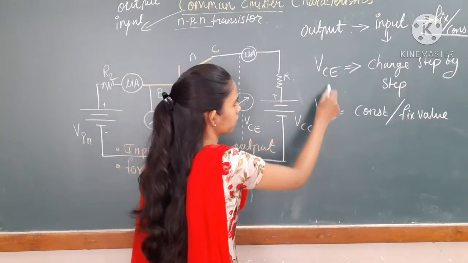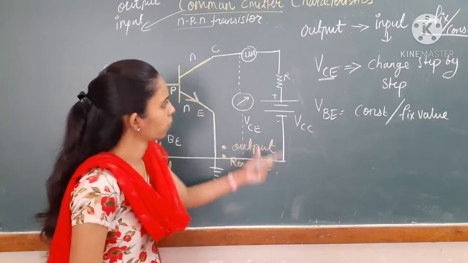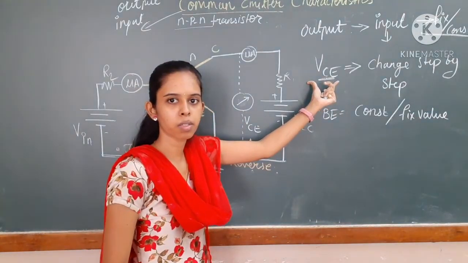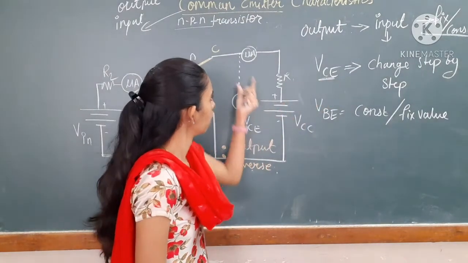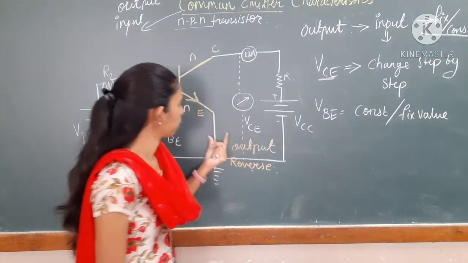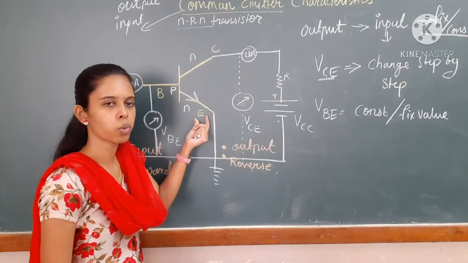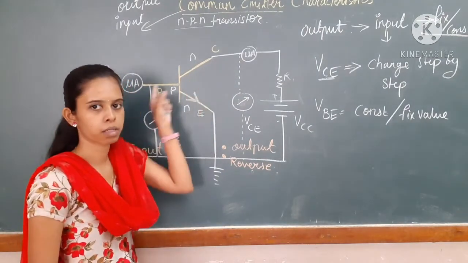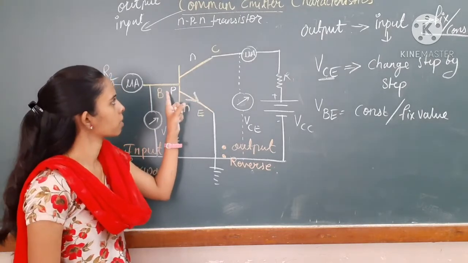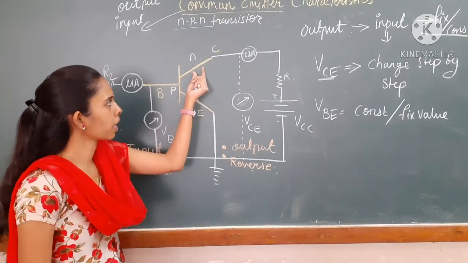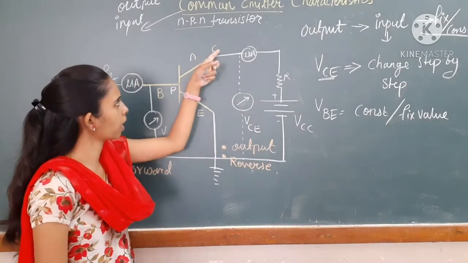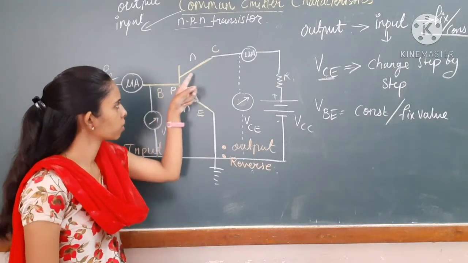Now in this, as we have already seen in the block diagram, when we are changing the potential across collector and emitter, then what is going to happen? Only the minority carriers are going to pass towards the base. But when the minority carriers are finished in this collector, then no current is going to flow.